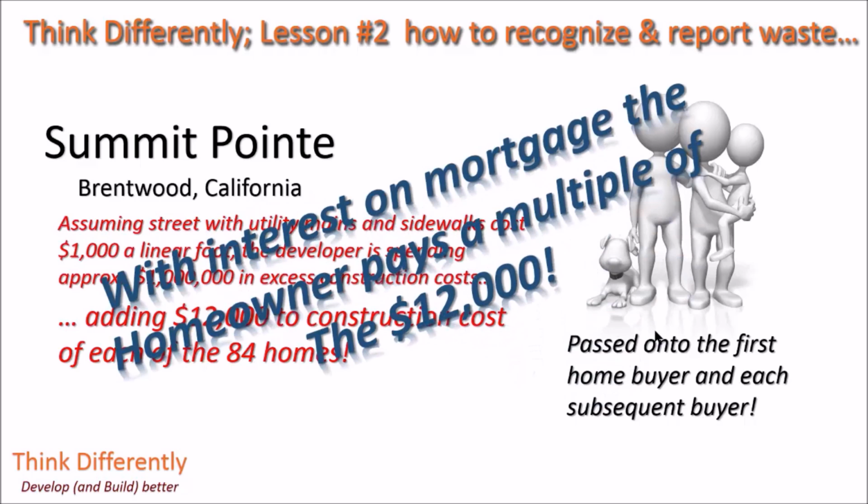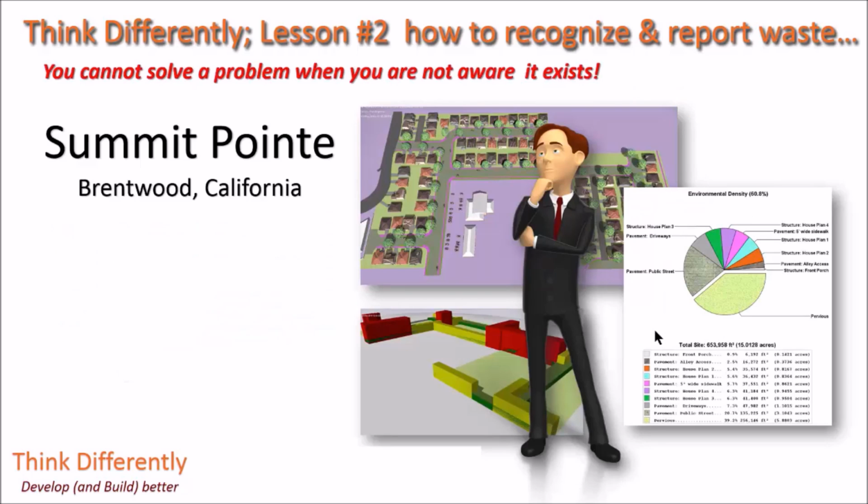Now, when you add interest on the mortgage the homeowner pays, they're paying a multiple of that, and if they actually stayed in their home for the 30-year mortgage, they'd be paying over $30,000 for each home for this waste. That's why it's important.